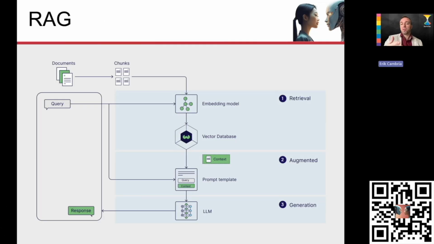RAG can be represented like this, as we've just explained in the earlier slides. We have these tasks: retrieval, augmentation, and generation. And these are all tasks that can be tackled by an agent.